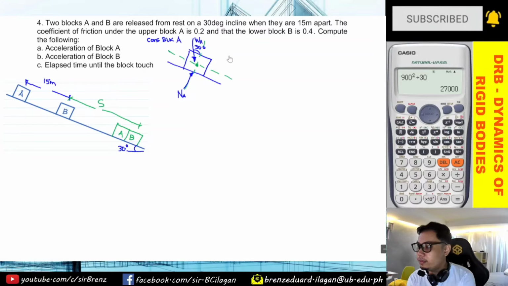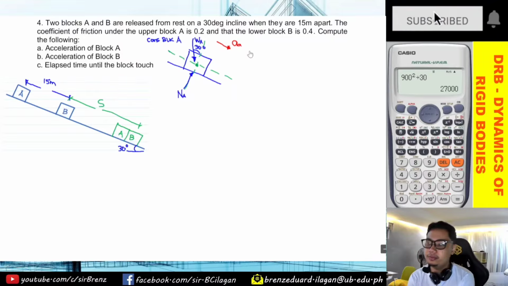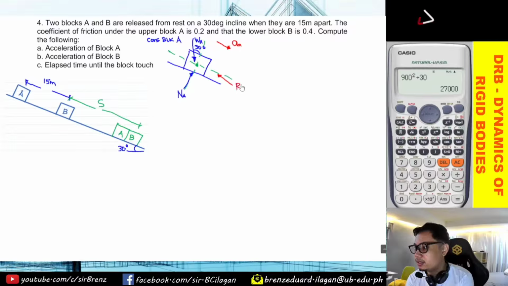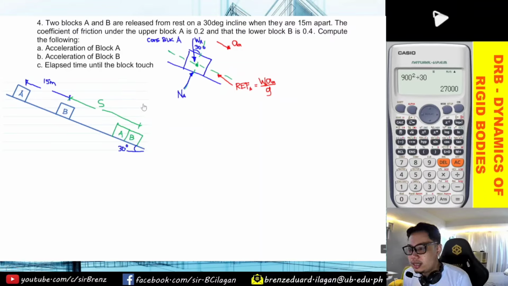The motion of this block is going downward, in this direction, so I will call that aA. If that is the direction of the block, therefore the reversed effective force is going in the opposite direction. That is the REF of block A, which is WA over g times aA.